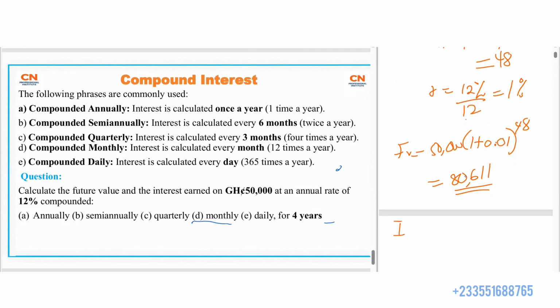Therefore the interest is the difference between the 80,611 and the 50,000, and that gives me 30,611. So that's the interest.